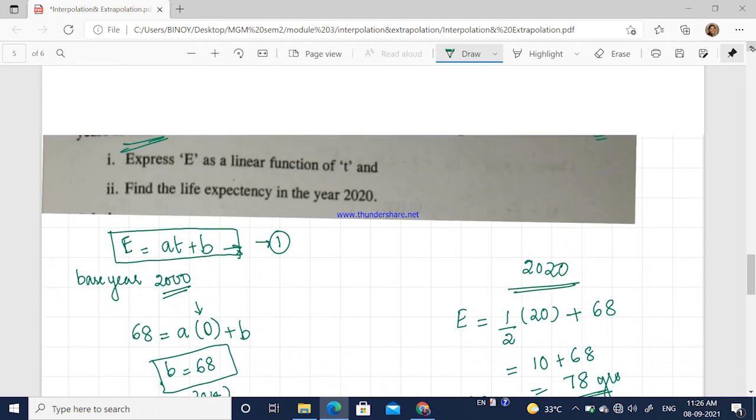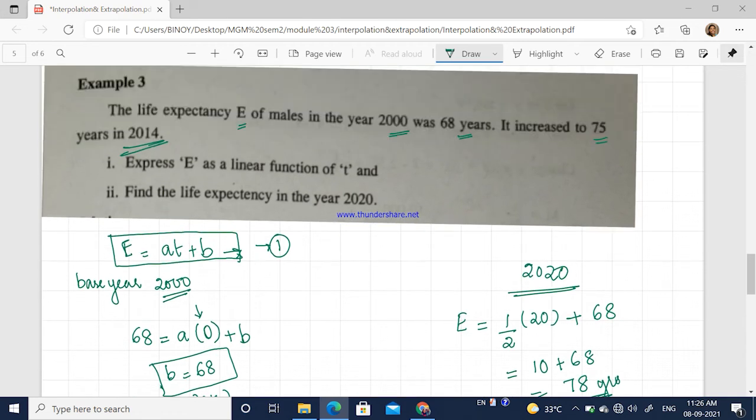I repeat, if we are applying the algebraic method, in this question it was given the life expectancy of male in year 2000 and the value is 68 years. And if it is increased to 75 years in 2014, you have to express E as a linear function of t.